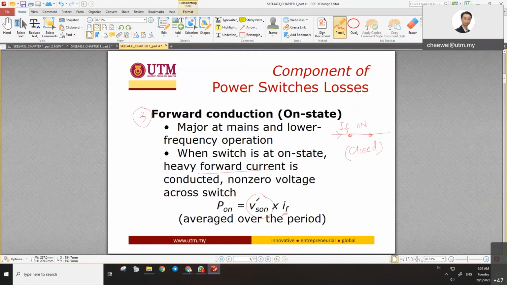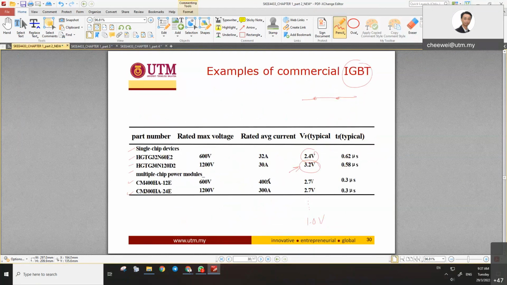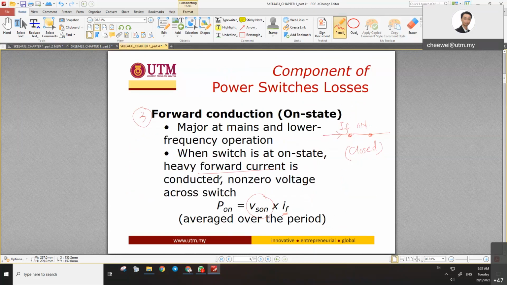So this voltage 2.4 multiplies with whatever current. And we know the IGBT is carrying medium voltage, medium current, right? What is the current that it can withstand? The current is 32 amps going to 300 amps, a lot. Let's say 32 amps times 2.4, what do you get? That will contribute to your loss.